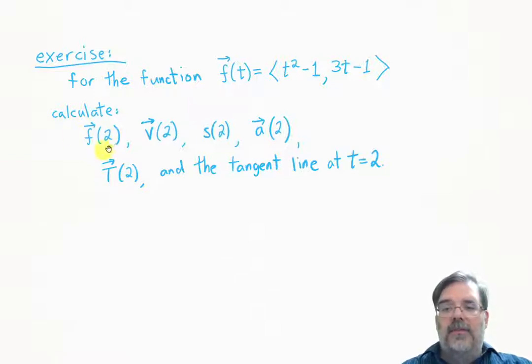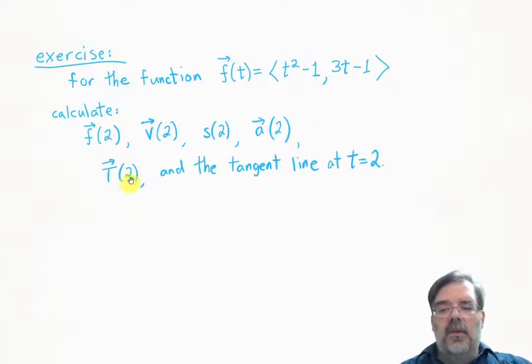So the value of this function at 2, the velocity corresponding to this position at 2, that means you'll have to calculate a derivative, the speed at 2, and so that would be the length of the velocity, the acceleration at 2, so first you need the second derivative of this position function, and then plug in 2.